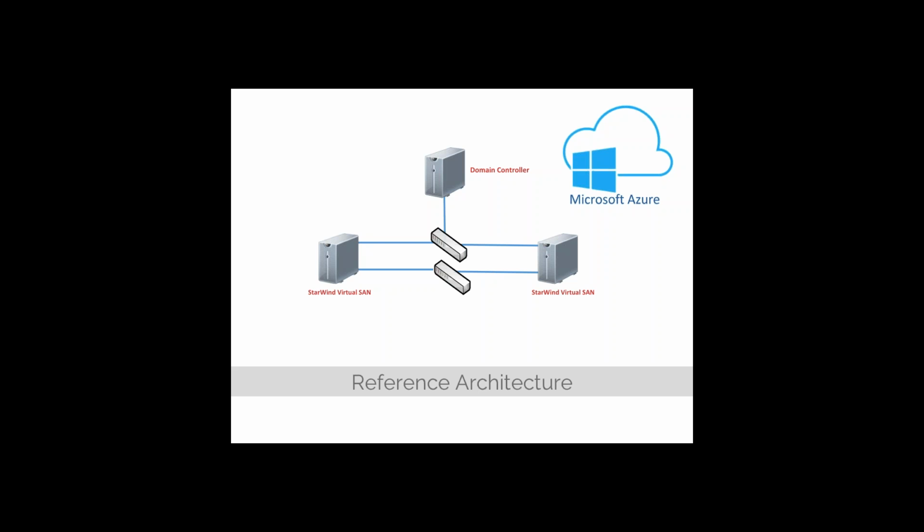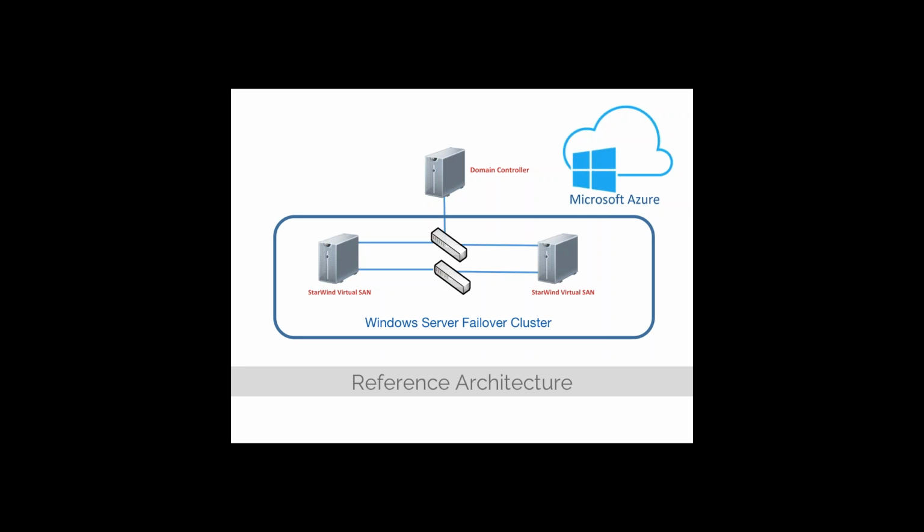And I have my Starwind Virtual SAN configured and all of the storage built into it, and then created a Windows Server failover cluster for these. Of course, because SQL Server failover clustered instance requires an Active Directory domain, that's why these machines are joined to the domain. And then have SQL Server running on top of those virtual machines.